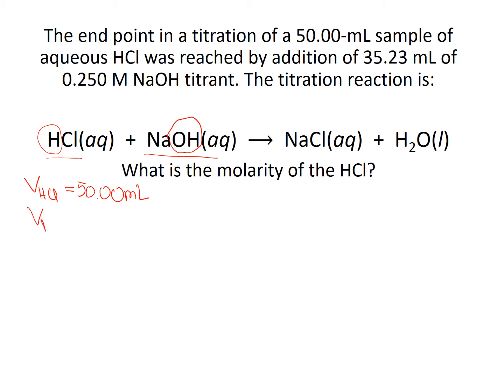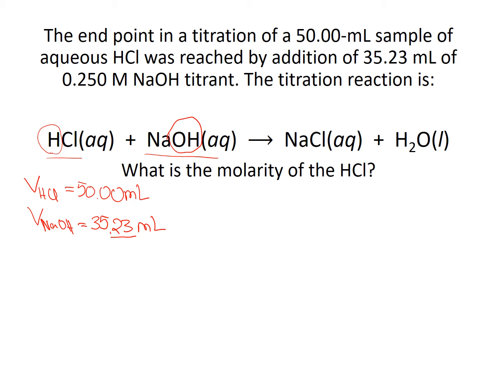The volume of the sodium hydroxide in this case is 35.23 milliliters, and the fact that there are two significant figures after the decimal makes me think that this was done with a burette, and whoever completed the experiment recorded the volume correctly.